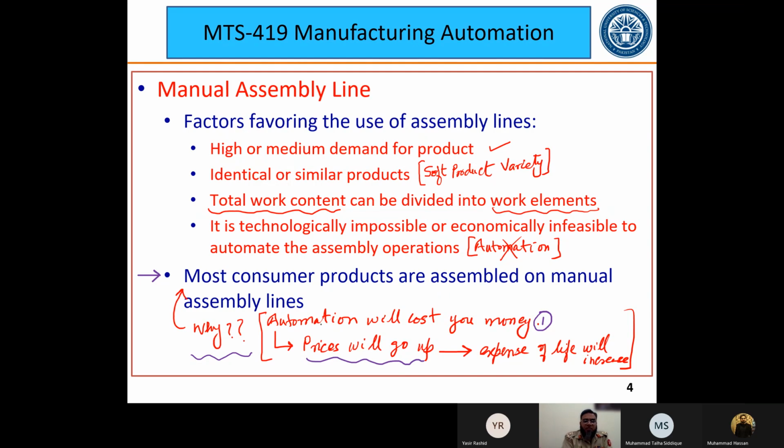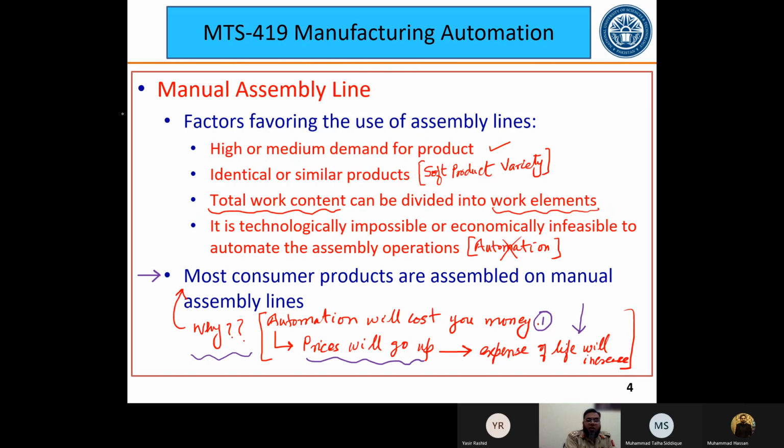It means that we do not go for full automation for most of the consumer products. Otherwise the expense of life will increase. The inflation that we talk about, that prices are rising, is because the price of the product will go up, so that will have a crunch on the cost of living of common people. That is why we prefer to have manual assembly lines.